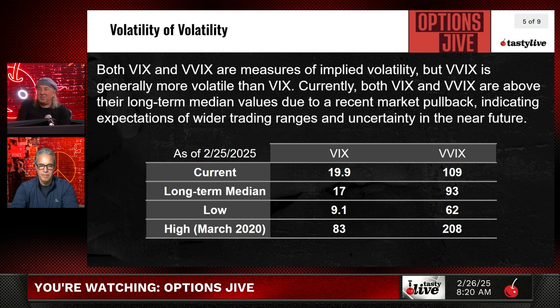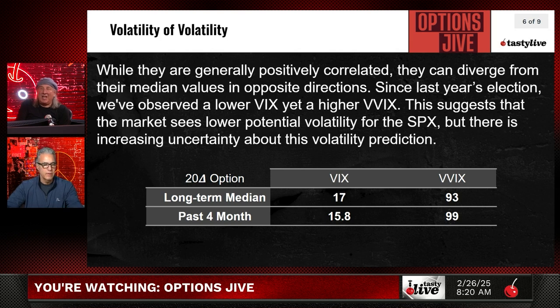108 and change. So while they are generally positively correlated, they can diverge from their median values in opposite directions. Since last year's election, we've observed a lower VIX, yet a higher VVIX. This suggests that the market sees lower potential volatility for the SPX, but there's increasing uncertainty about this volatility prediction.